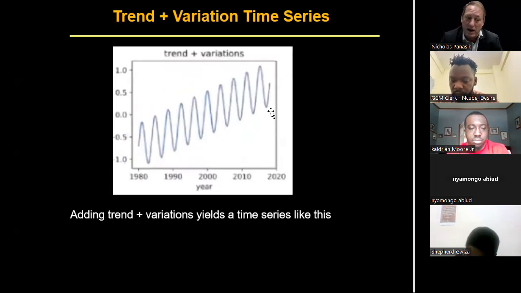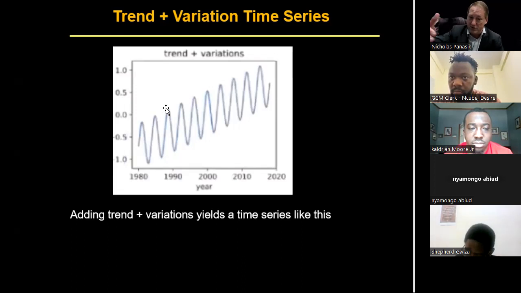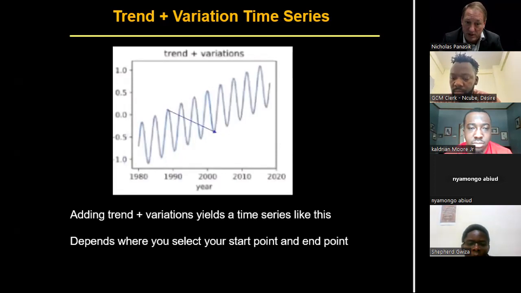It's always possible to find the reverse trend based on where you pick your time points. So, for example, if I decided I'm going to look at a certain time period from, say, 1990 to 2003 or 2005, between here and here, look, the world is cooling, right?